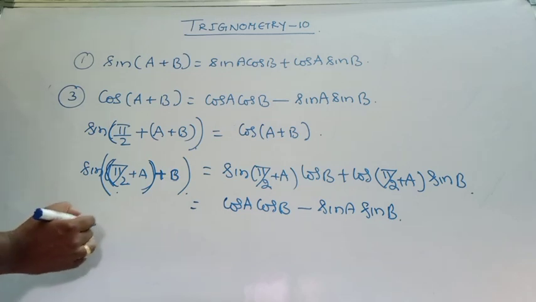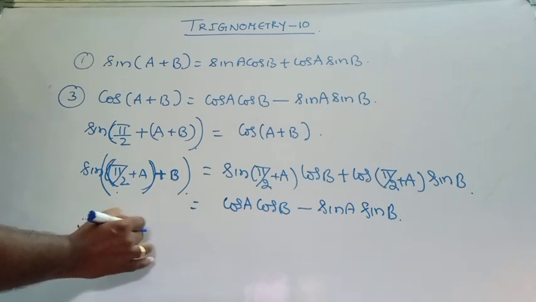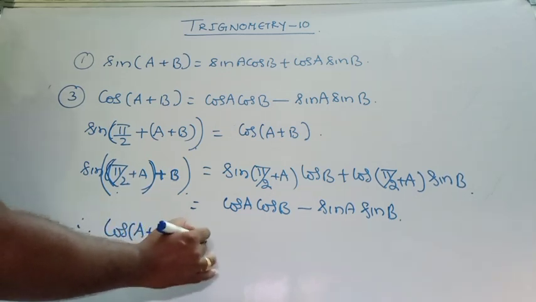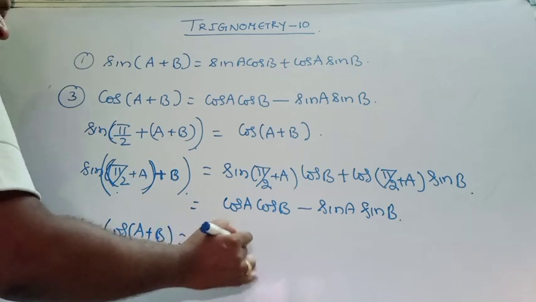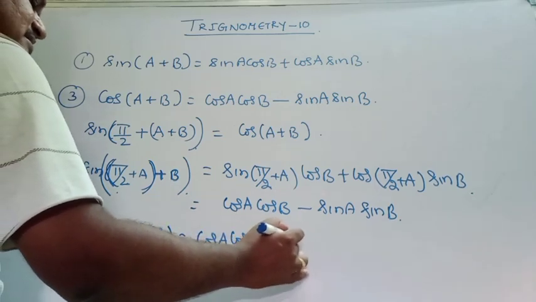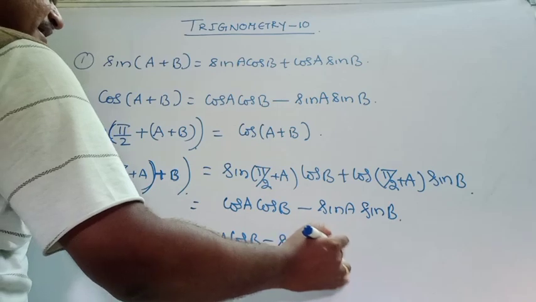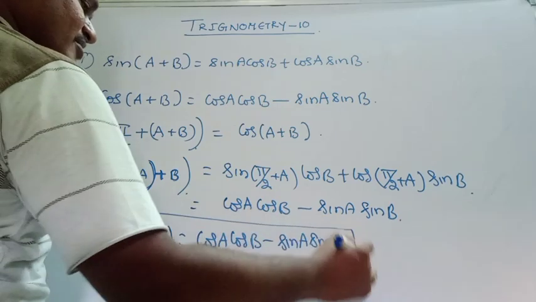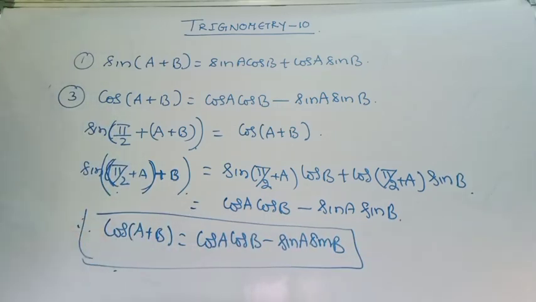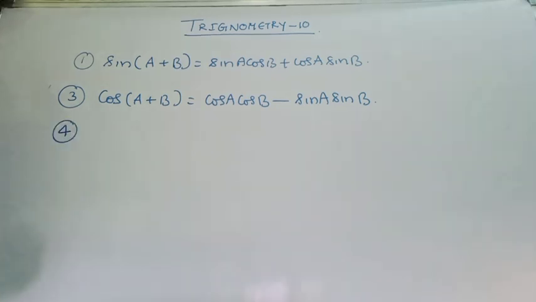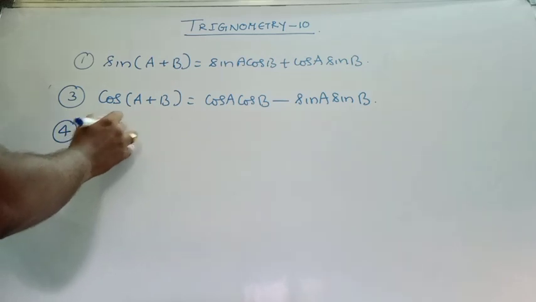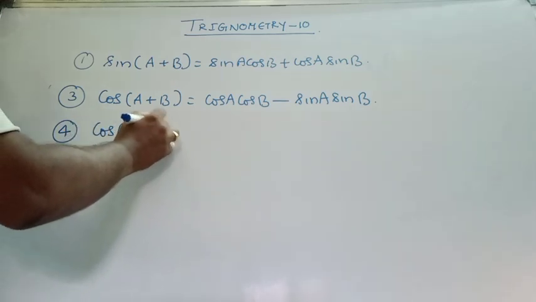Therefore we have proved that cos of A plus B becomes cos A cos B minus sin A sin B. In this way wonderfully we have proved the third one, the cos A plus B formula. Now the fourth one, we need to get cos of A minus B. Let us use this one.